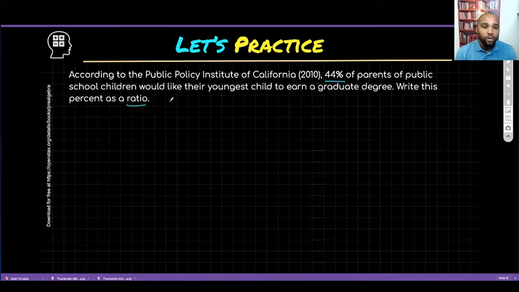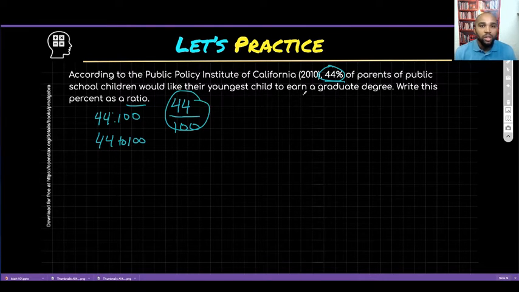So 44% can be simply written as 44 per 100. Now we could have written the ratio as 44 to 100, or just saying 44 to every 100. But the one, like I said, we're most interested in is the fraction, because we use that quite a bit as we move along in math. So there you go.